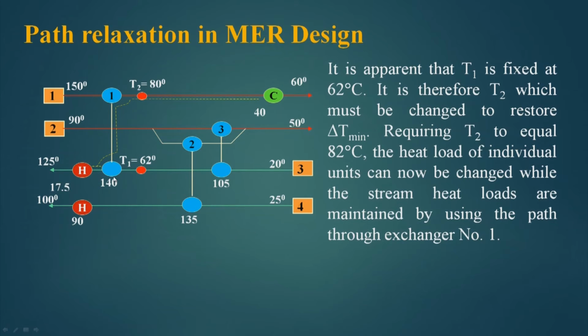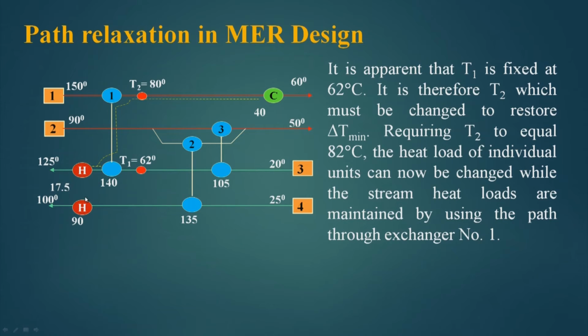Once I decrease the load of this heat exchanger, the heat which I take from this hot stream will decrease, and this temperature will increase, and then I can maintain a delta T of 20 degrees. So, when I decrease the heat from here, obviously heat flows to this cooler, and I have to increase the capacity of the cooler.